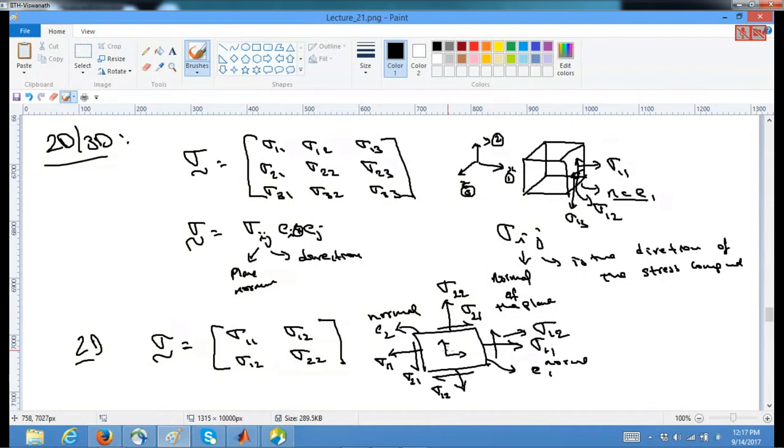Sorry, this is with a normal 1 and in direction 2, and this is sigma 2 2, and this is sigma 2 1. So this is the state of stress.